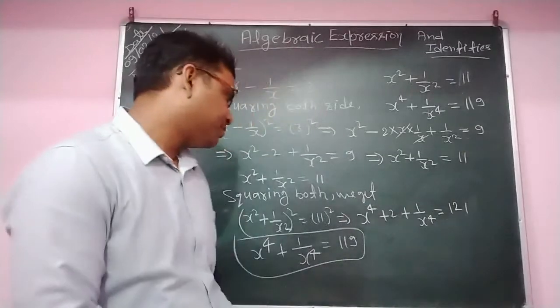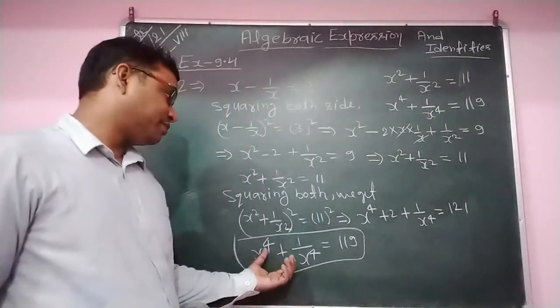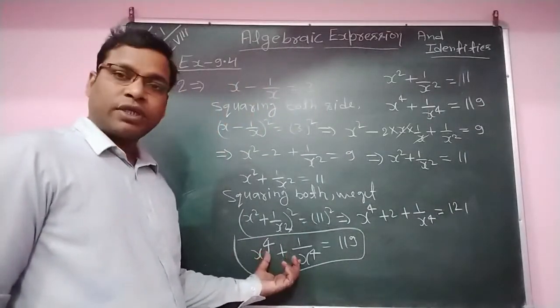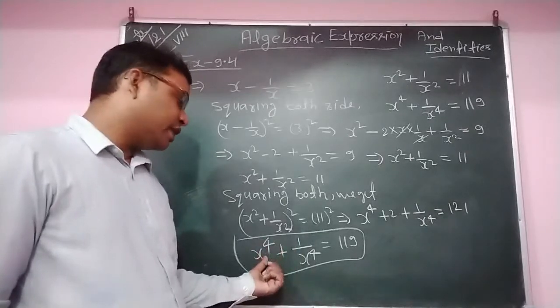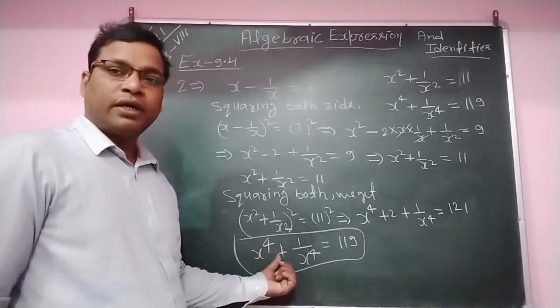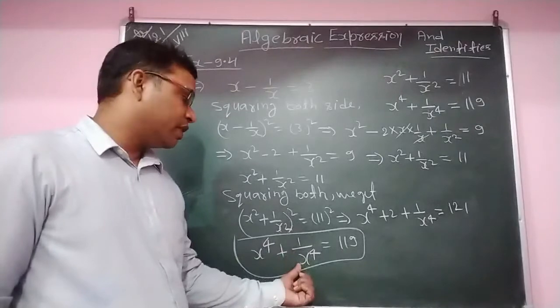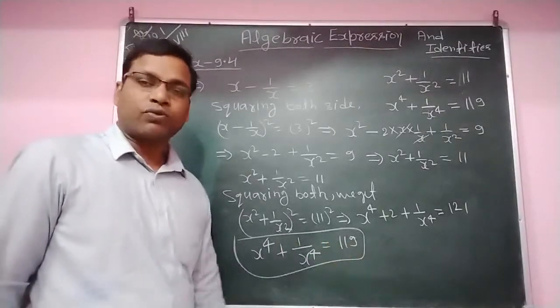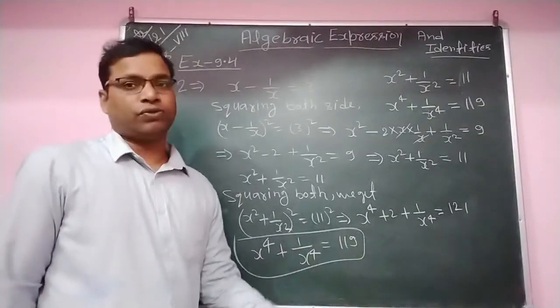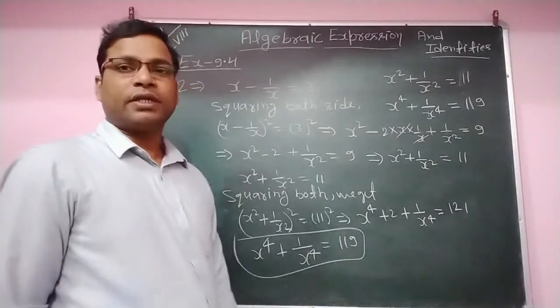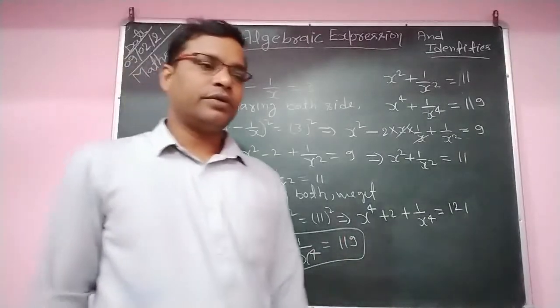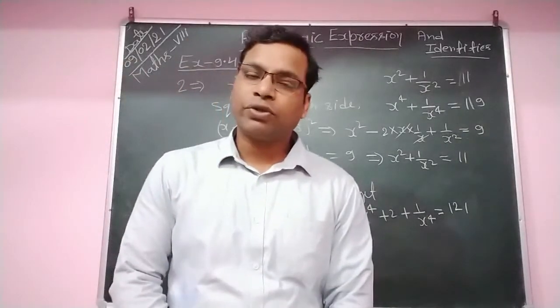So again here we square both sides and we get x to the power 8 plus 1 upon x to the power 8 is equal to square of 119 minus 2. This is clear now. So I hope all of you understood these questions.